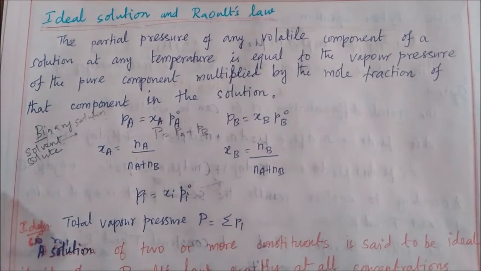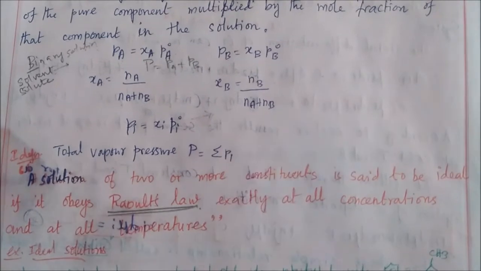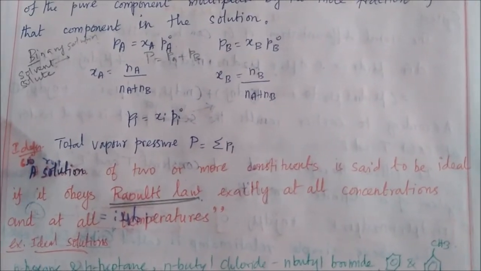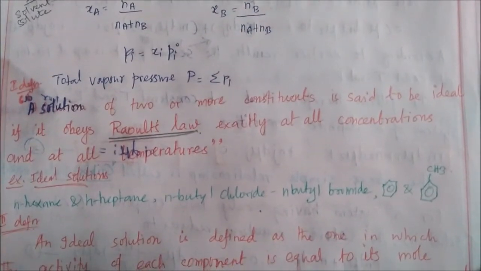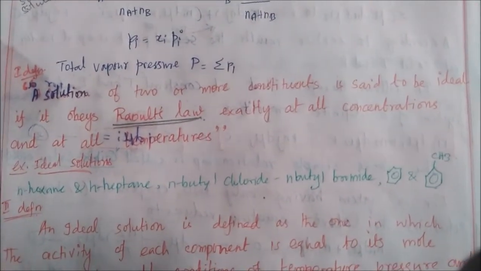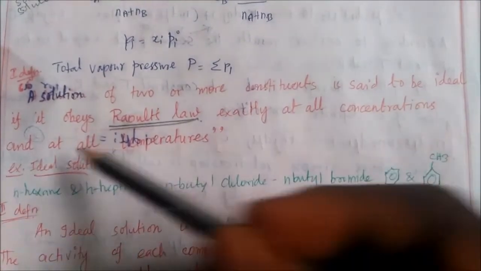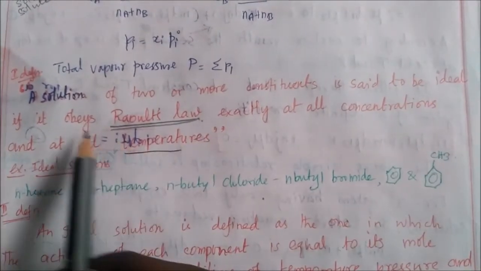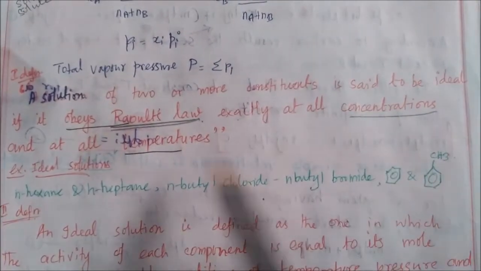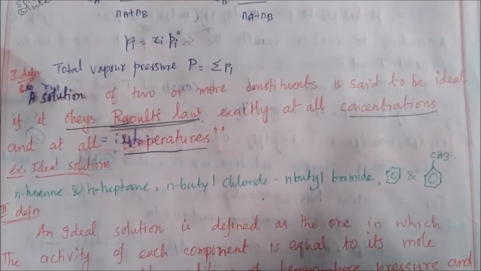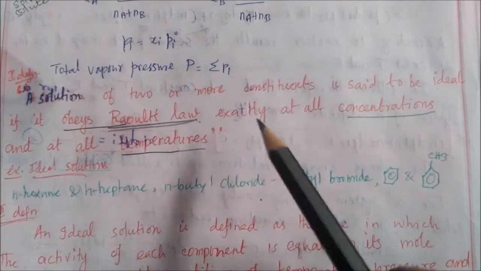A solution of two or more constituents is said to be ideal if it obeys Raoult's law at all concentrations and at all temperatures. Obeys Raoult's law exactly at all concentrations and at all temperatures. Clear?